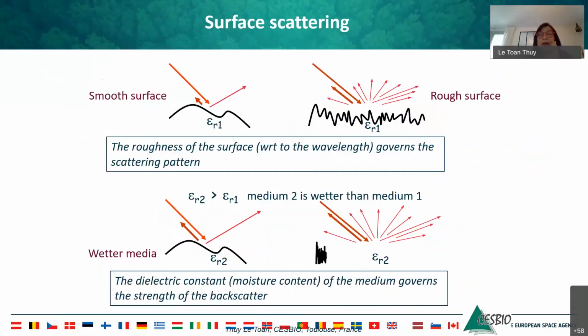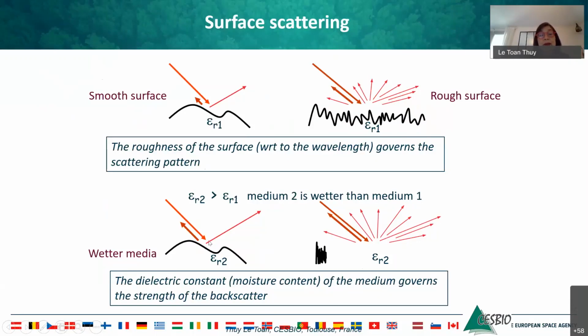For surface scattering over the soil, the smooth surface tends to scatter in the specular direction, and the rough surface scatters in every direction. So the roughness governs the scattering pattern, and the dielectric constant governs the strength of the backscatter.